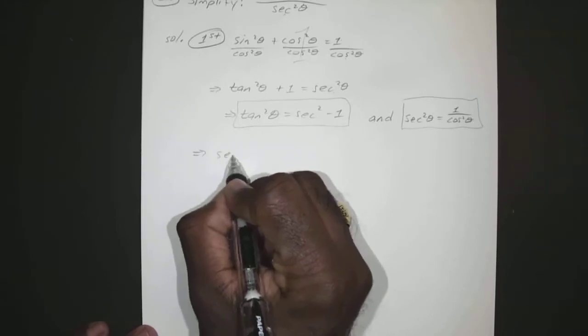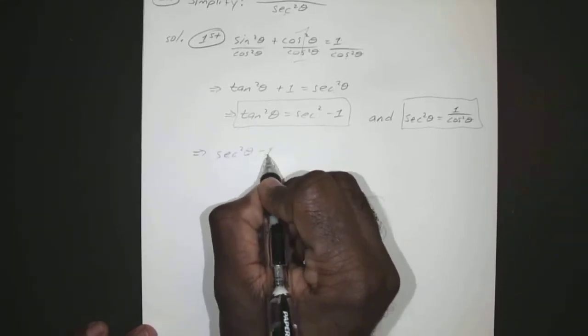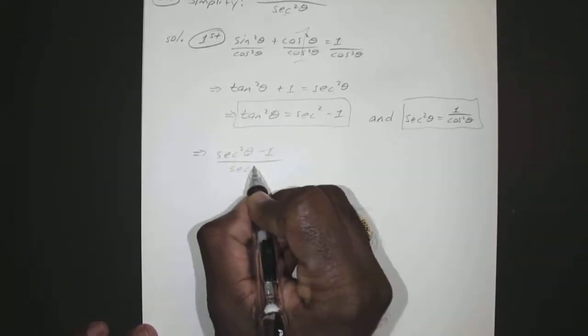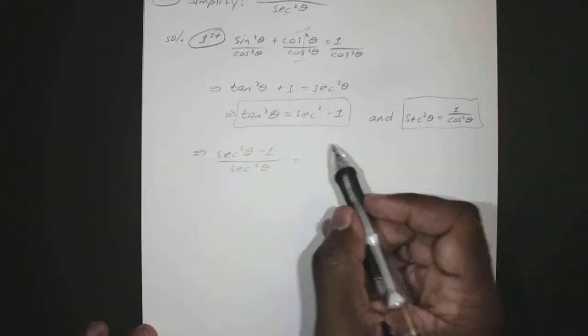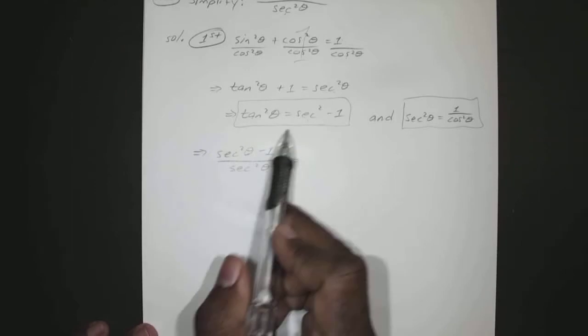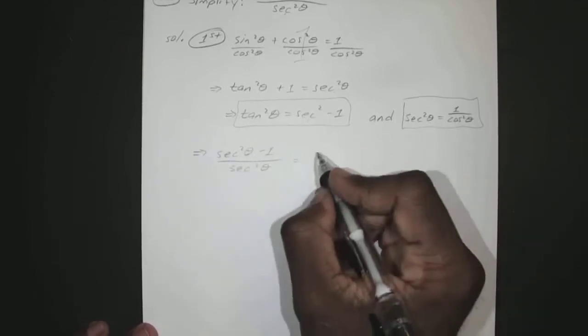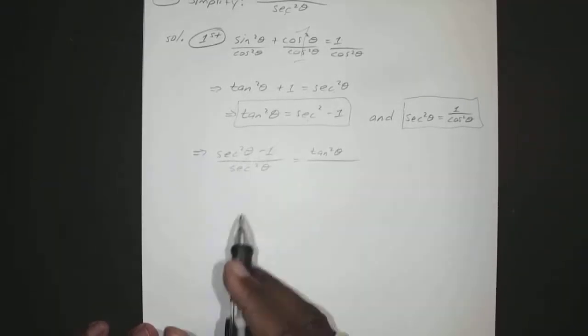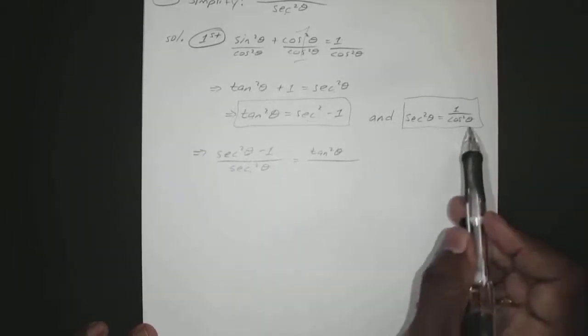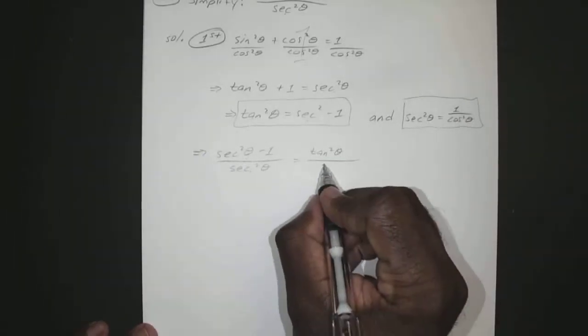So our secant squared of theta minus 1 over secant squared is going to equal tangent squared, since secant squared minus 1 is tangent squared, over 1 over cosine squared, since secant squared in the denominator is 1 over cosine squared.